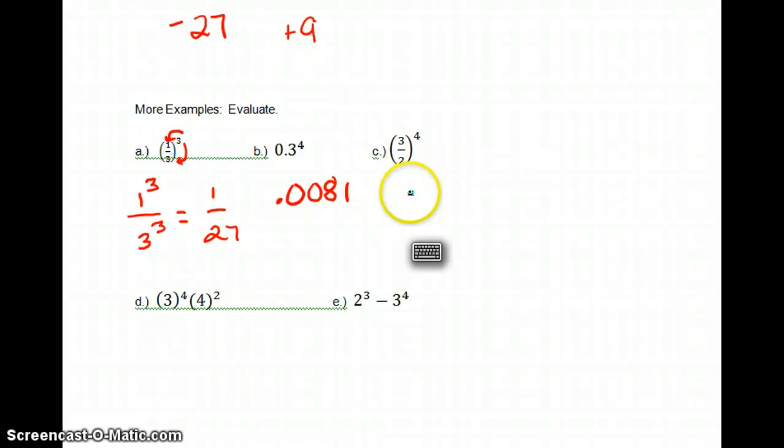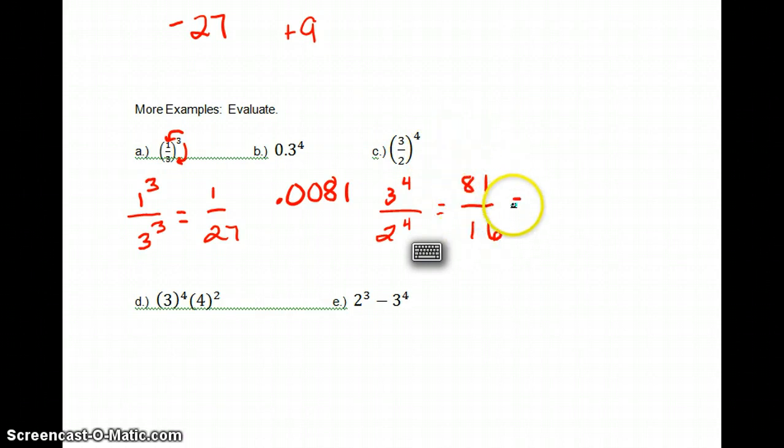Okay, by now everybody should have had an opportunity to do example C. This is an example where we have an entire fraction as a base. So we're going to go ahead and make this 3 to the 4th power and 2 to the 4th power. And then we can do the math for each part of that fraction. 3 to the 4th power makes 81. 2 to the 4th power makes 16.